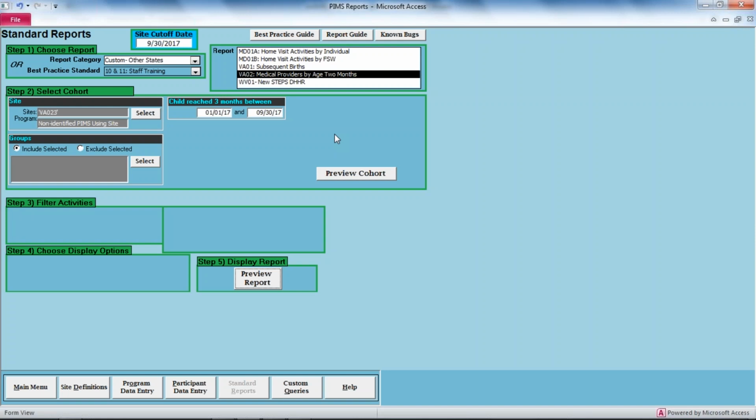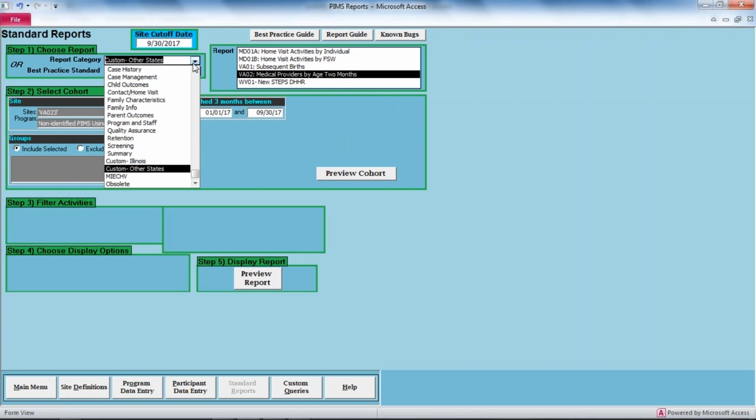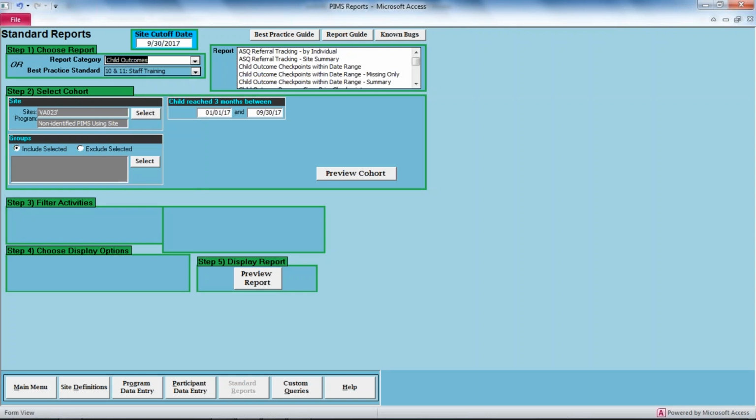The next report, you're selecting now from child outcomes, and selecting the well baby visits summary. Important to remember, and most of you probably remember from PIMS 7 reports, that there are often two kinds of reports.